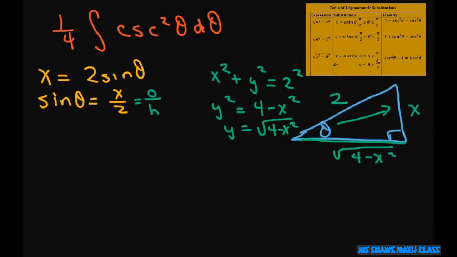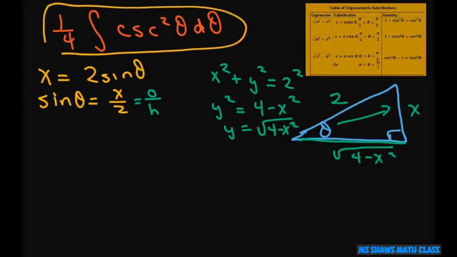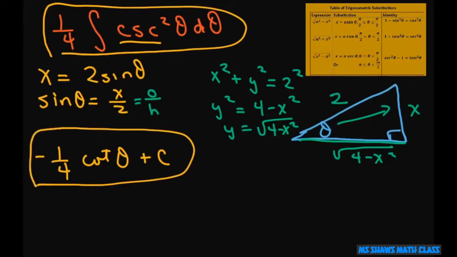So now that we have this here, we can look at our integral, and we know that the antiderivative of cosecant squared is negative cotangent of theta plus c. But we can't just leave it like that because we started with x, not theta.